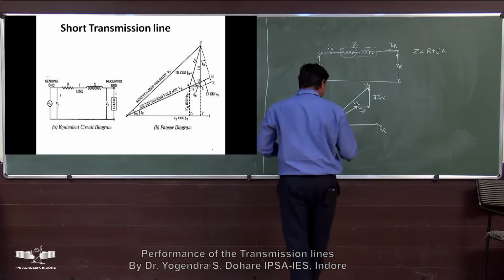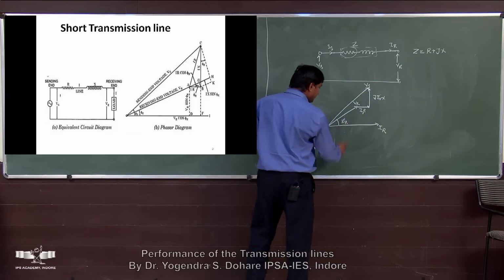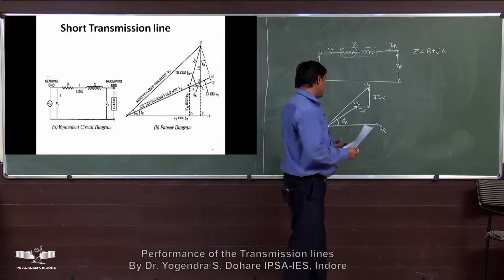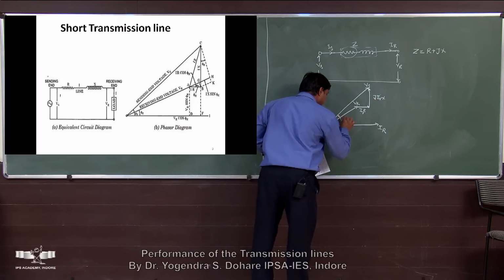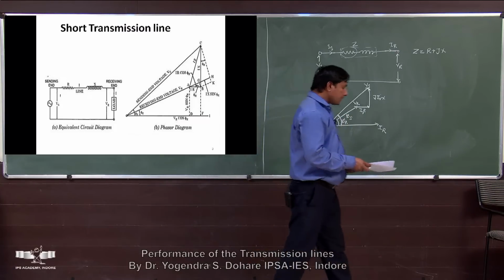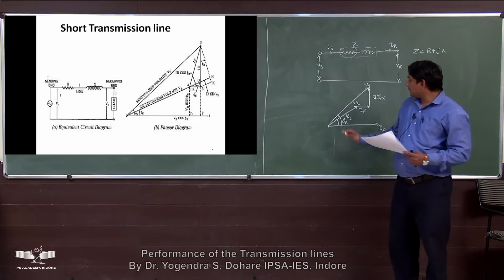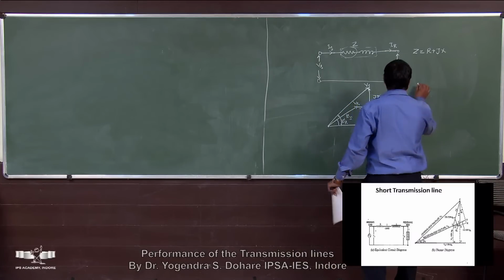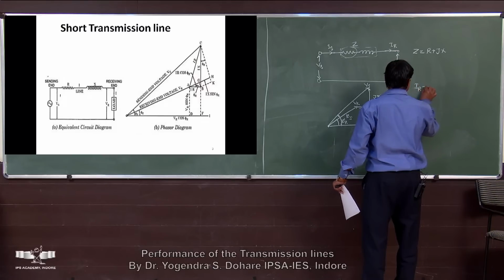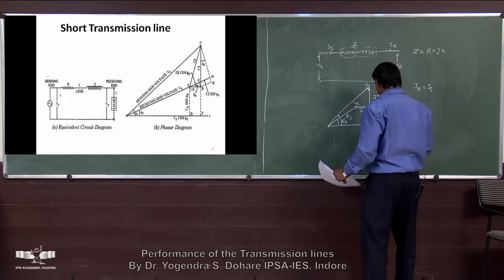So this is the phasor diagram, where phi R is the phase angle at the receiving end and phi S is the phase angle at the sending end. Here we assume IR equal to IS.